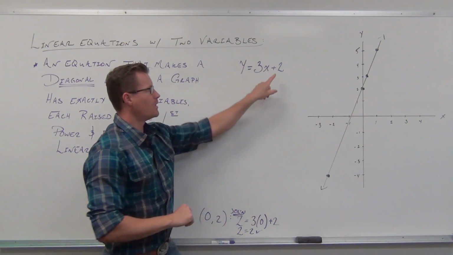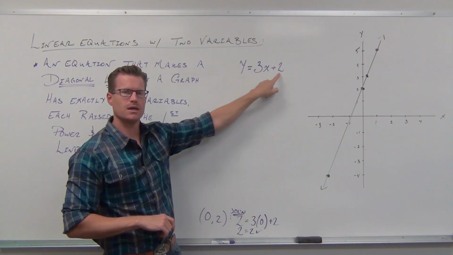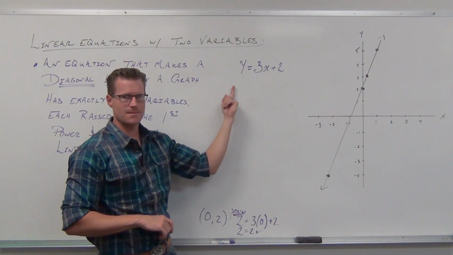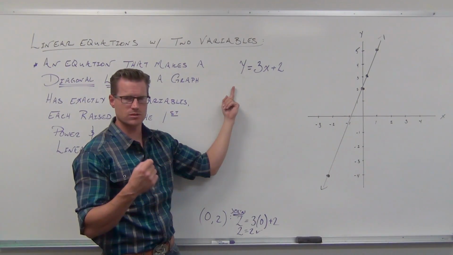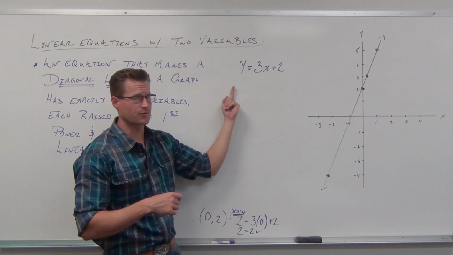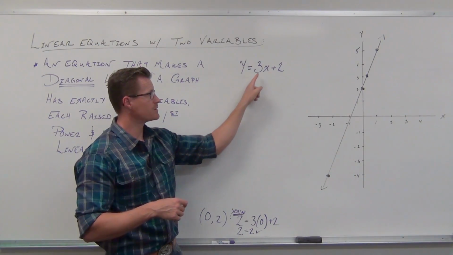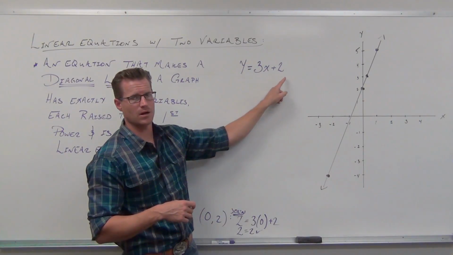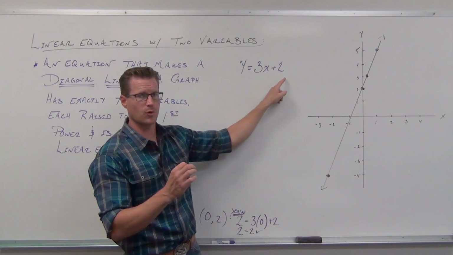Check it out. If you have your y isolated, do you see it's isolated? No addition, subtraction, multiplication, division, it's all by itself. If you have your y equal to some term in x plus a constant, this is called slope-intercept form. And we will get there.